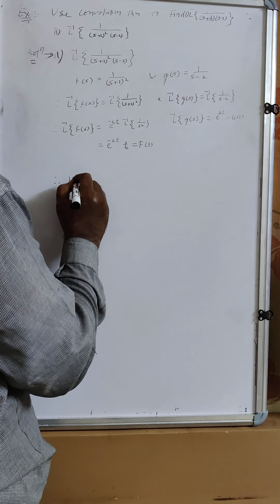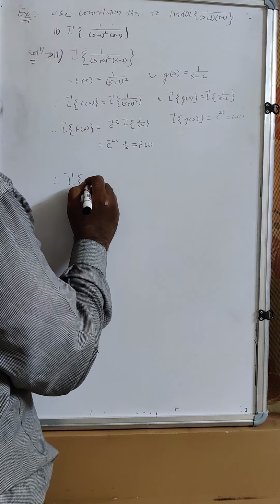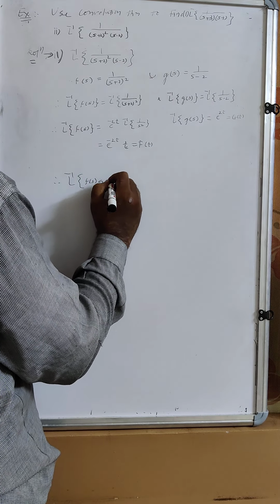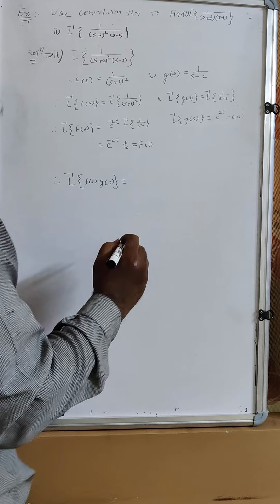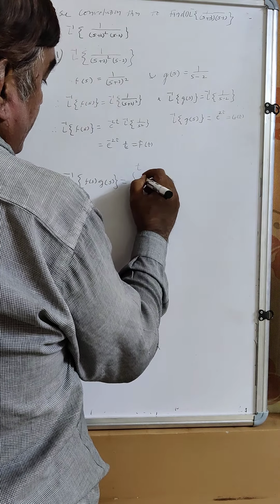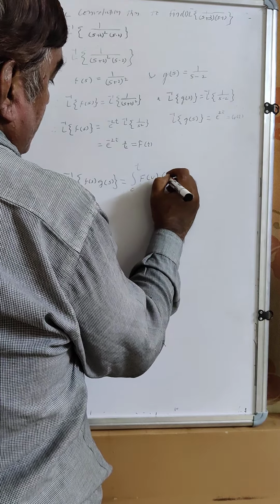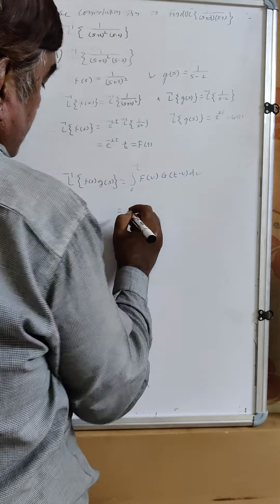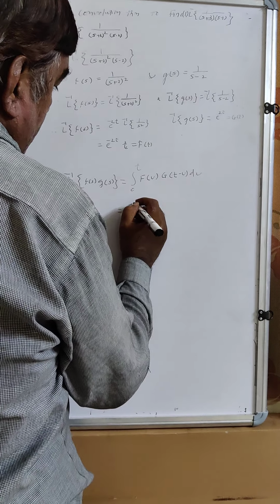Therefore, by convolution theorem, Laplace inverse of F(s) into G(s) is equal to integral from 0 to t of f(u) g(t minus u) du, is equal to integral from 0 to t.